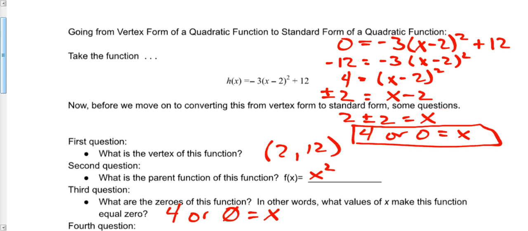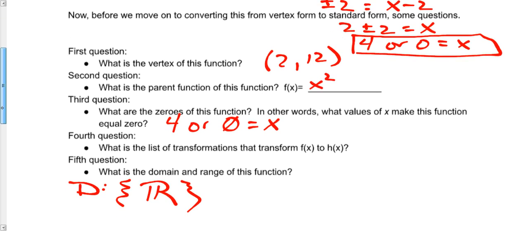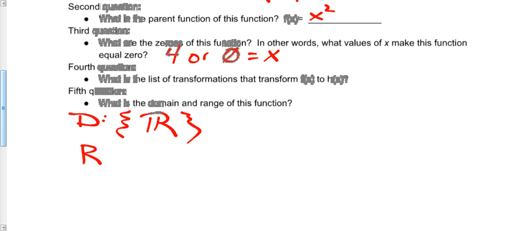Is this a smiler or is this a frowner? It frowns. So let me ask you this. Is the vertex going to be a maximum or a minimum? Maximum. So the range is going to be y is less than or equal to 12.